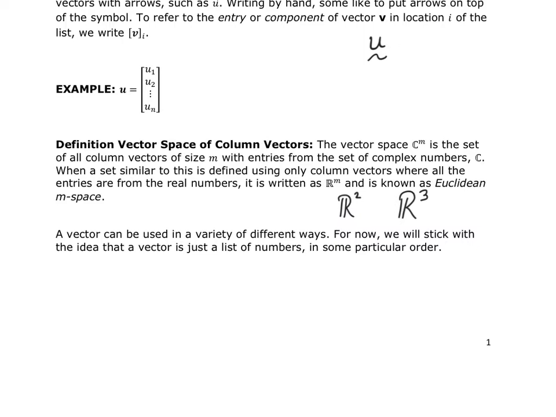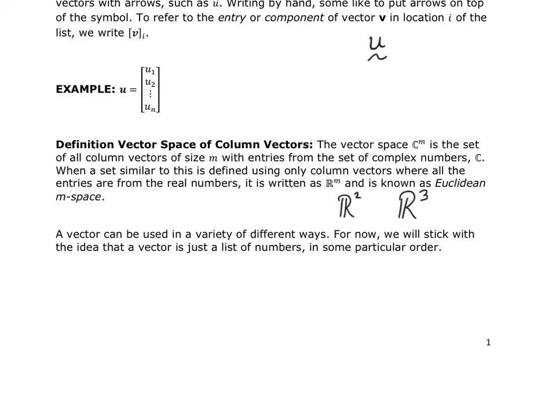The C superscript m just means that we're going to talk about complex numbers. Of course 3 and 5 and 7 and negative 22 are all complex numbers with a strictly real part, but you can write any real number as a complex number, so just something to think about.